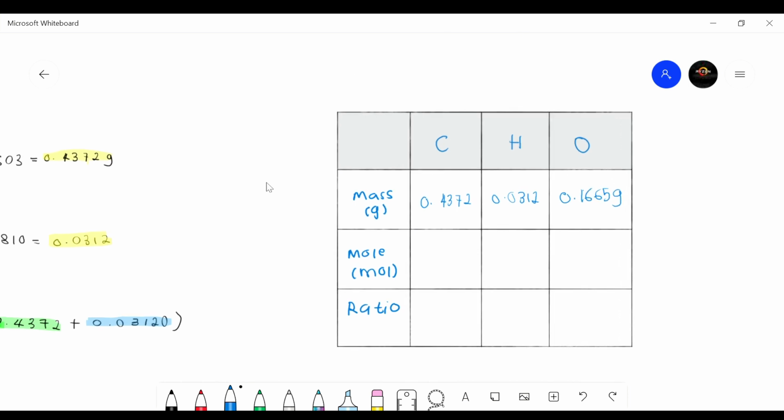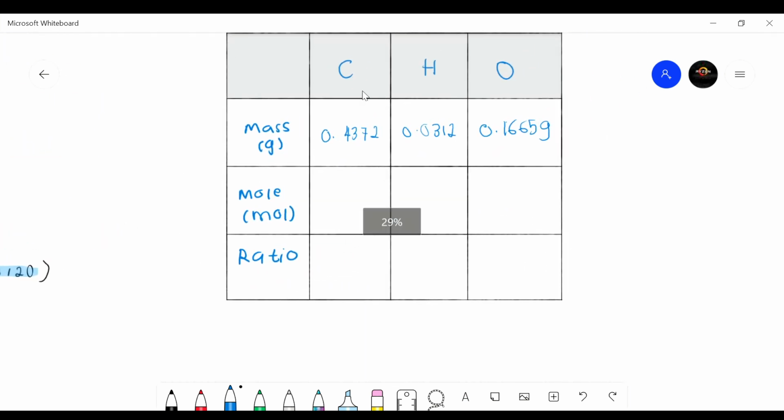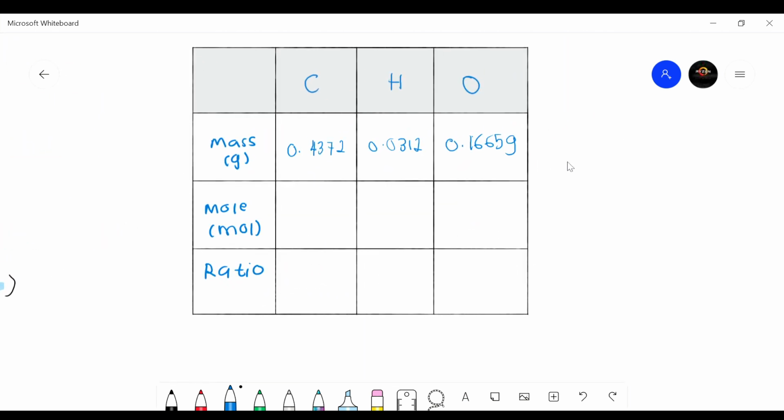Now we need to find the mole of each of these elements.